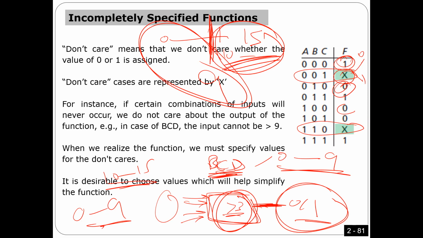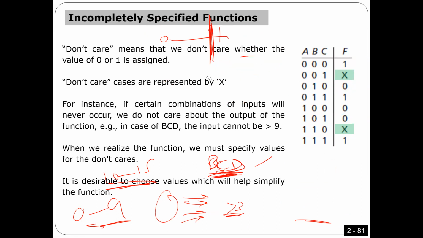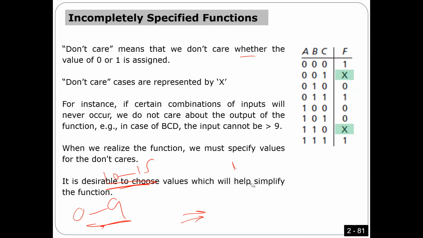However, the last thing, just 1 minute. Now, x means I don't care if it's 0 or 1. Sometimes I have to care. Why do you have to care? I'm gonna tell you why. Because sometimes if I assume these are zeros, I will be able to get the most simplified version of the function. Or sometimes if I put 1 here, I'm gonna get the most simplified one.